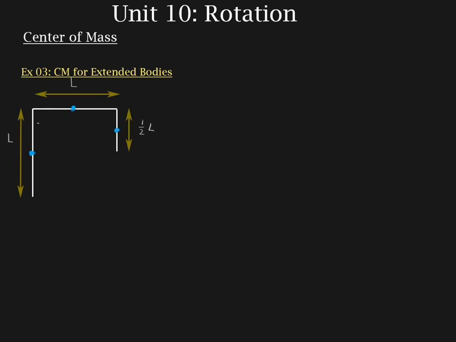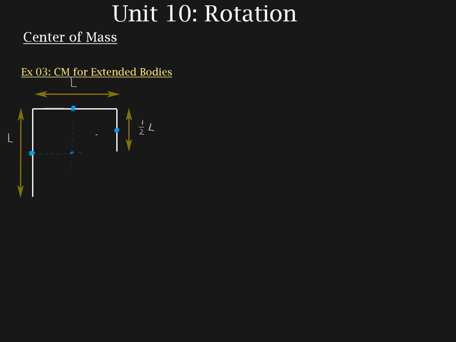Now, we know that because this piece and this piece are uniform and symmetric, they're the same mass, same length, that somewhere along this line right here, we would have the center of mass for these two. But then we have this piece right here, which has a mass that is half that of either one of these segments.